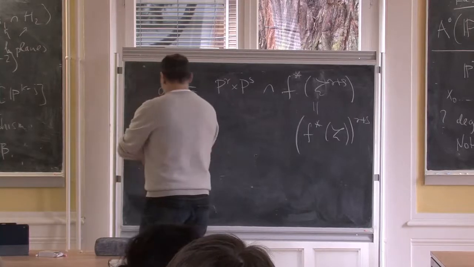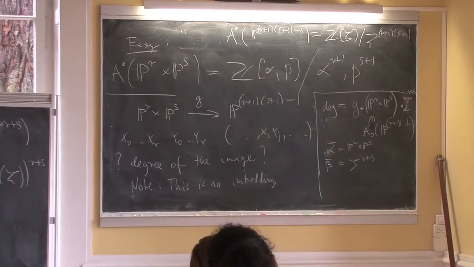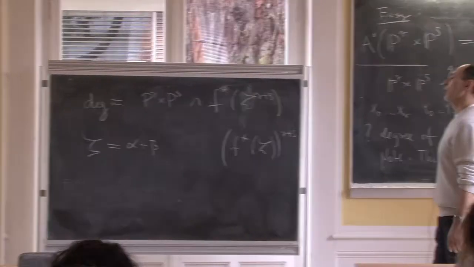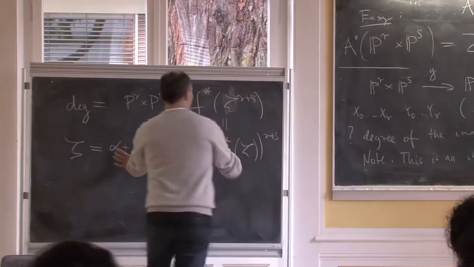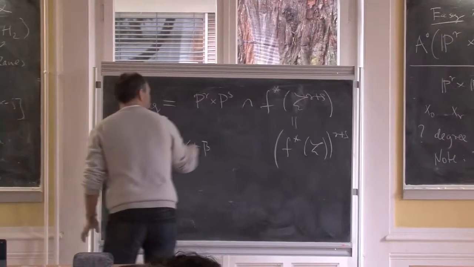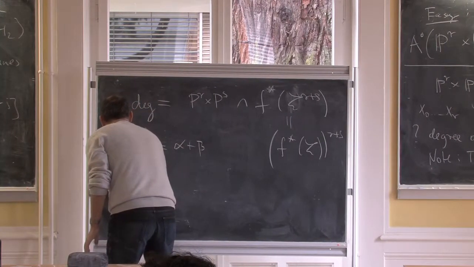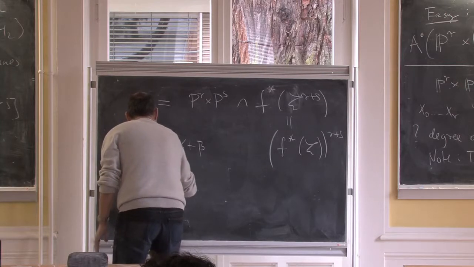Zeta, so I don't want to take more of your time. Zeta, it's easy to see, since it's a bilinear function, you'll do this exercise, this is just going to be alpha plus beta. That's easy to see. And so finally, I take alpha plus beta and raise it to the r plus s power.